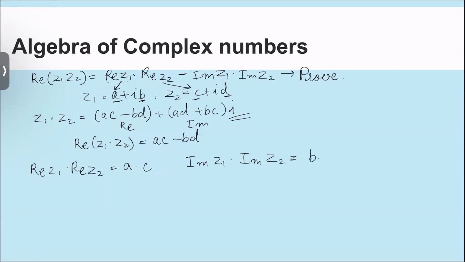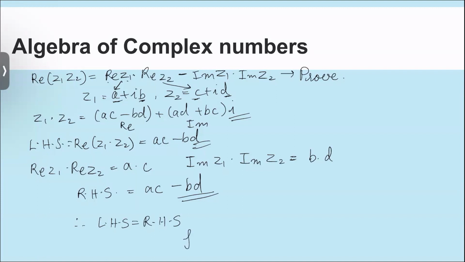So you multiply them. So the right hand side comes up to the LHS part. Therefore LHS equals RHS, hence proved.